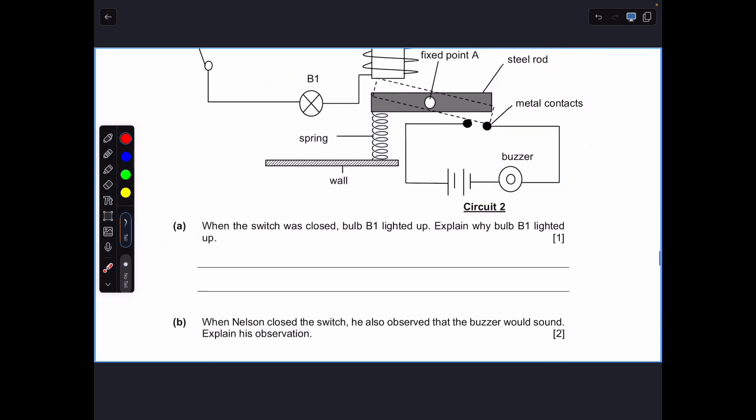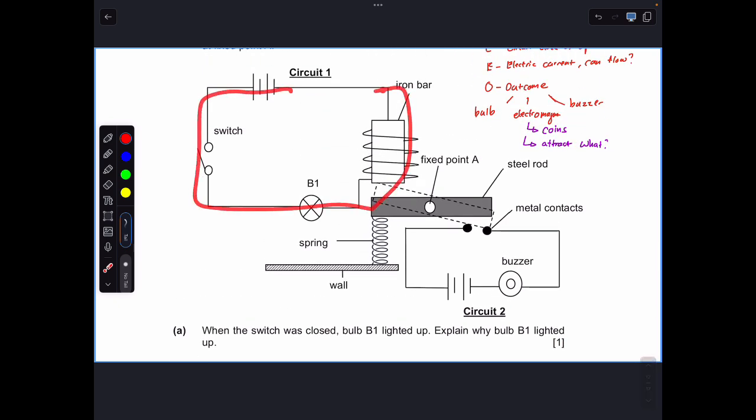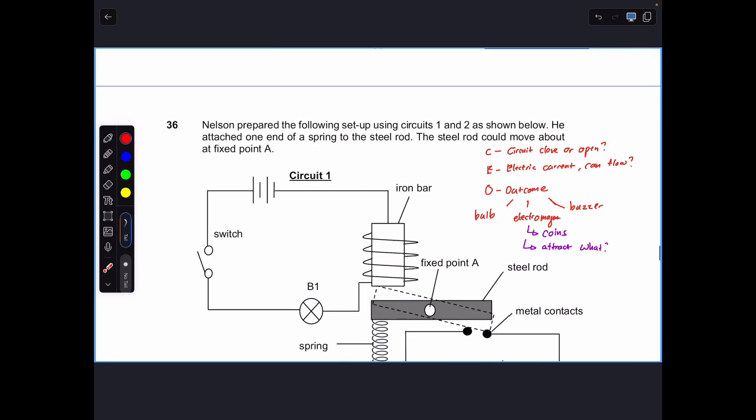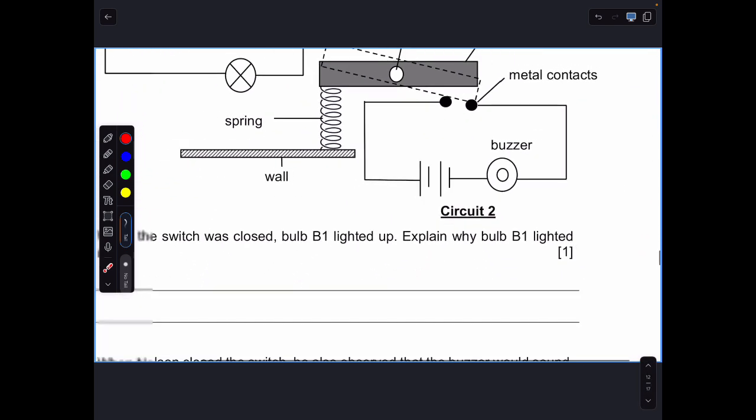When the switch was closed, bulb 1 lit up. Explain why bulb 1 lit up. It's exactly what we agreed on when we did our walkthrough of electric currents. Now I just need to use what I taught on CEO to explain my answer. Firstly, closed or open? Closed.